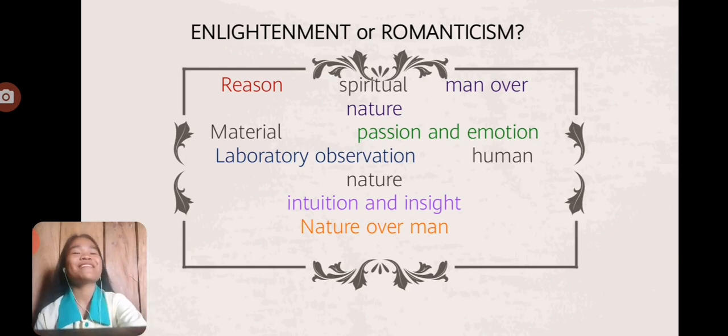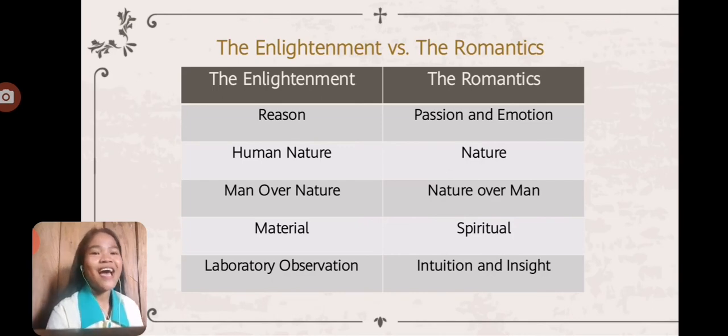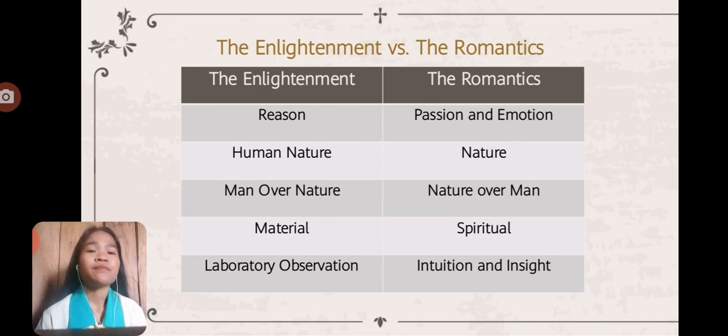Okay, time's up, and this is the answer. So we have here the Enlightenment versus the Romantics. The Enlightenment believed reason as the foundation of knowledge and progress, right? And the Romantics believe in passion and emotion, or imagination. The Enlightenment are more into human nature, while the Romantics are more into nature.